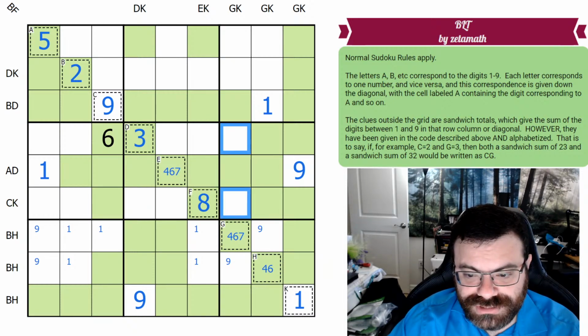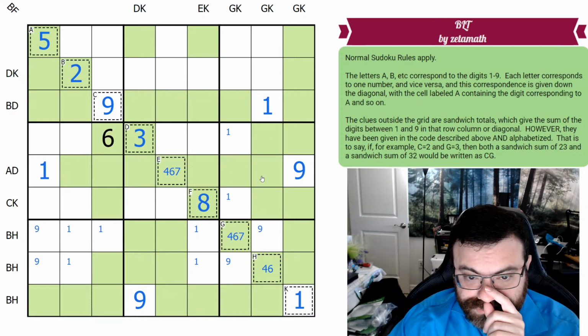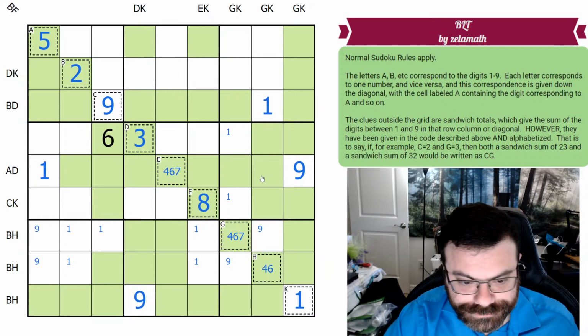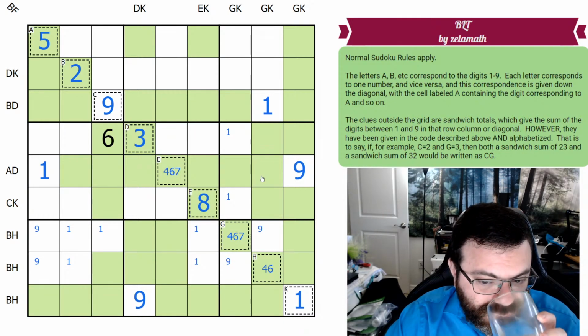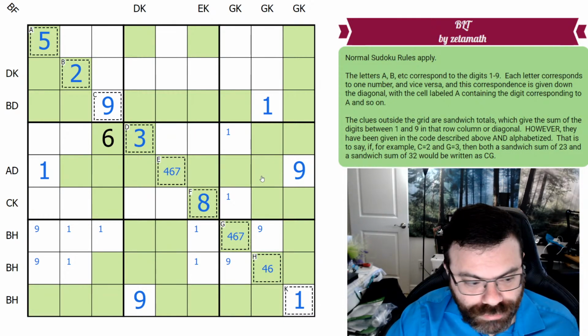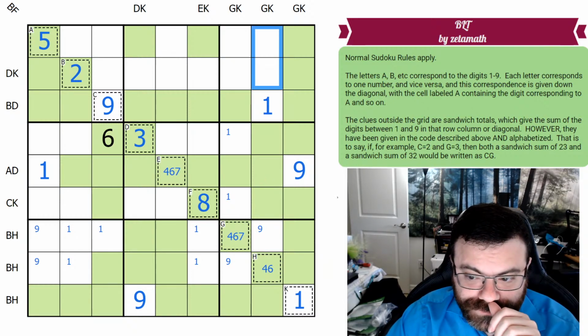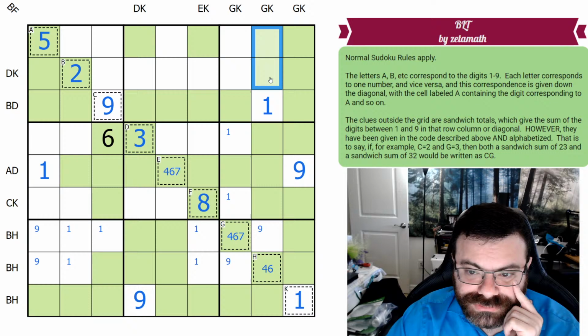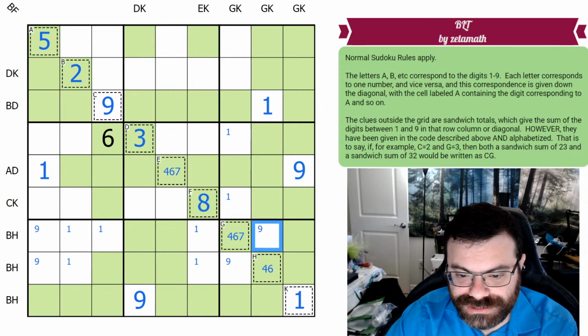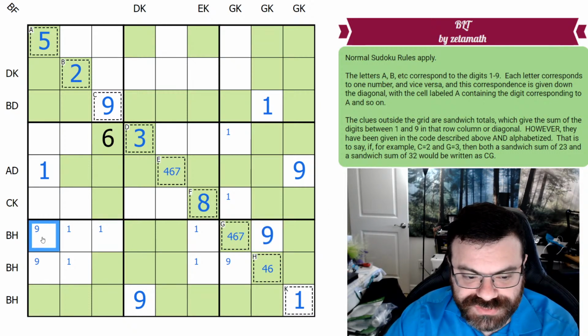So we have a 1 in one of these two. Right, I can't fit other 9 above here, so this is a 9. That goes with one of these 1s, that's a 9. Goes with this one.